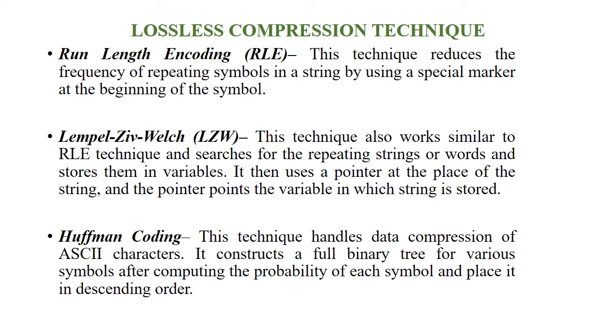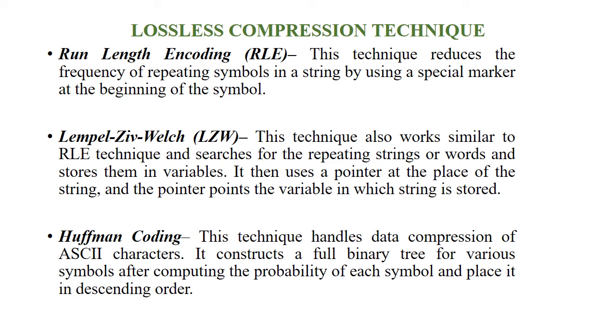This technique actually reduces the frequency of repeating symbols in a string by using a special marker. With this, the encoding techniques are incorporated in run length coding for lossless compression.